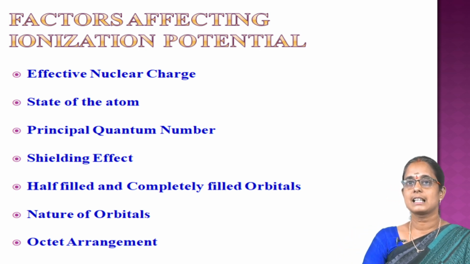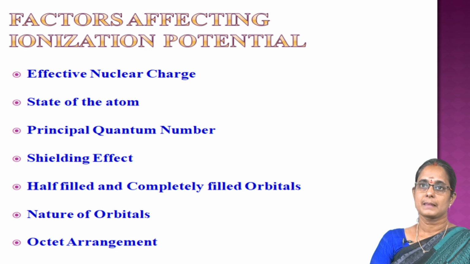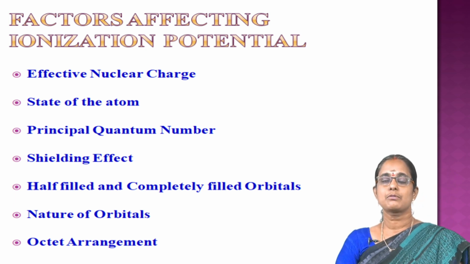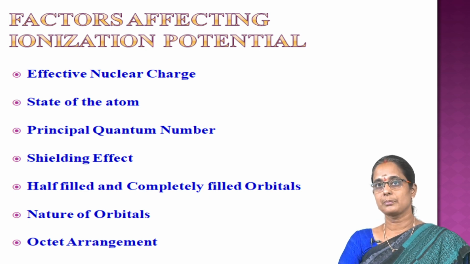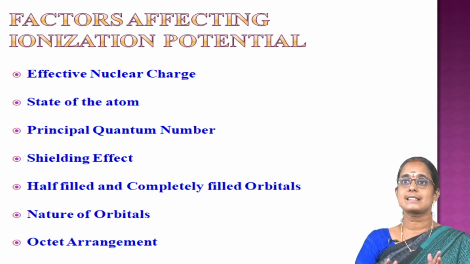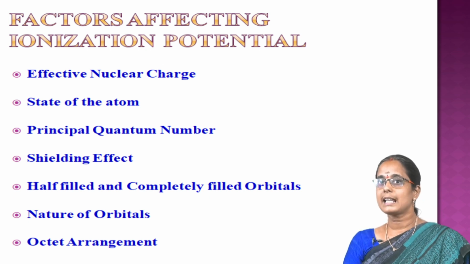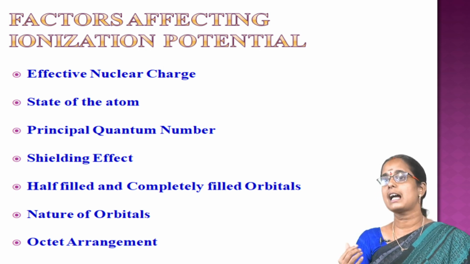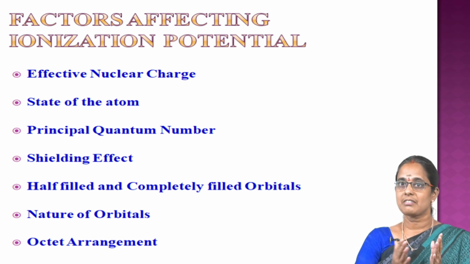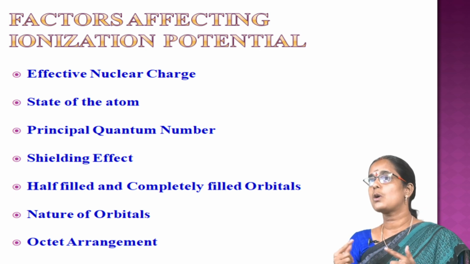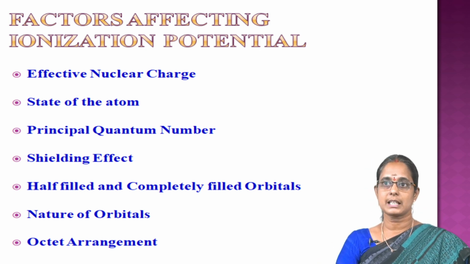The next effect is the shielding effect. This is one of the factors mainly influencing the ionization potential. In a multi-electron atom, the electrons lying between the nucleus and the valence shell are called intervening electrons. These electrons shield the outermost shell electron from the nucleus.